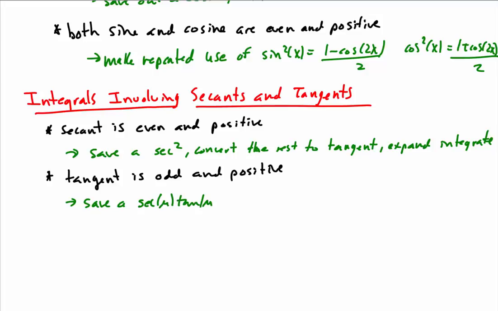And U, I should use a U up here. U represents the argument of the function, whatever it is. So save out a secant tangent, convert the rest to secant. And the reason that we'll do this is the derivative of secant is secant tangent. So convert the rest to secants, expand and integrate.